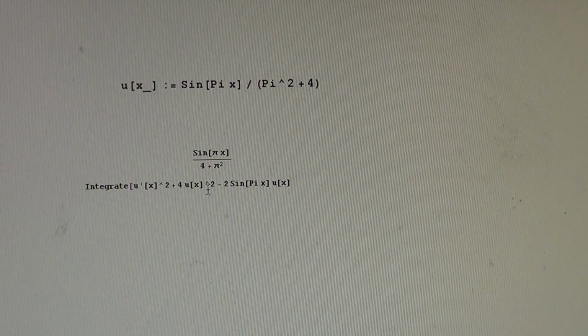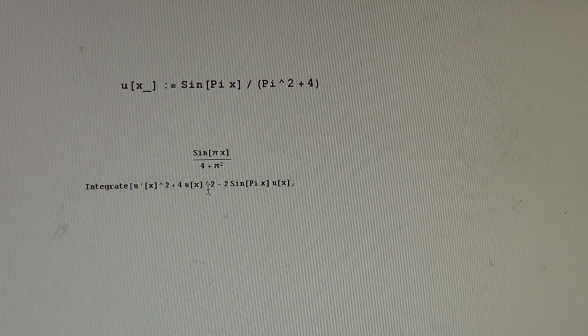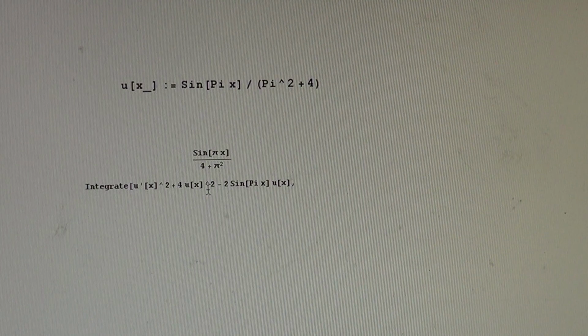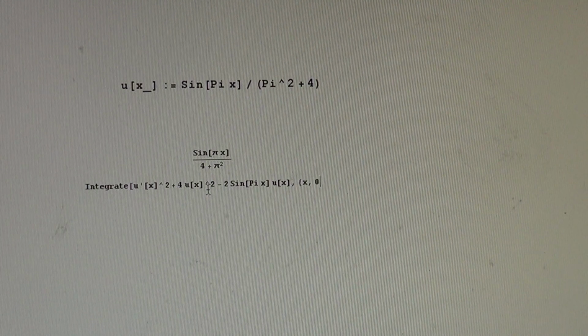This expression we integrate with respect to x in the interval 0, 1.